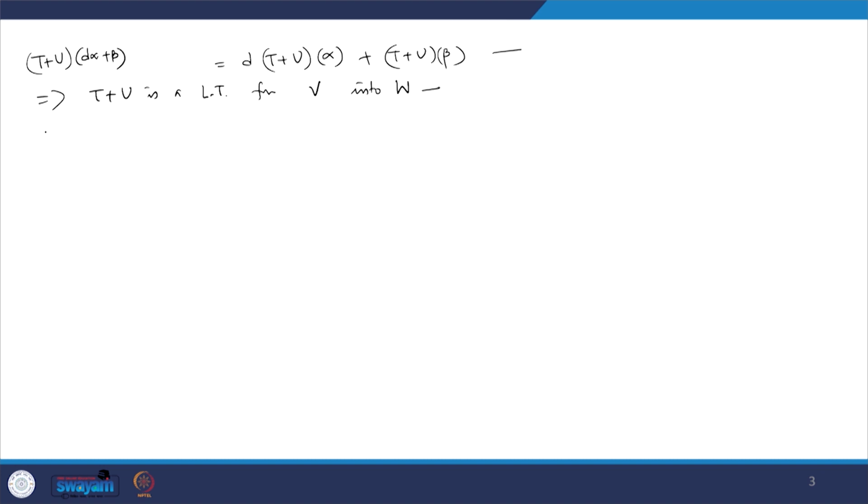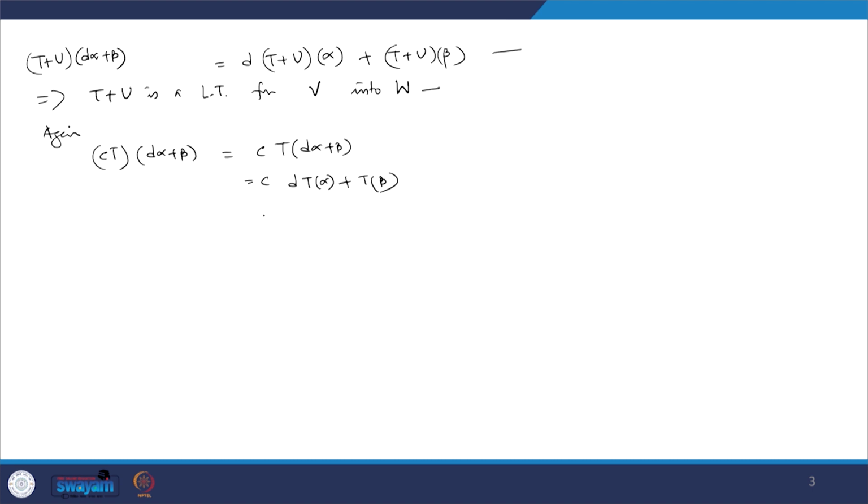Again, immediately one can check C T of d alpha plus beta. In a similar way I will have C of T of d alpha plus beta, which is equal to C times d times T of alpha plus T of beta.